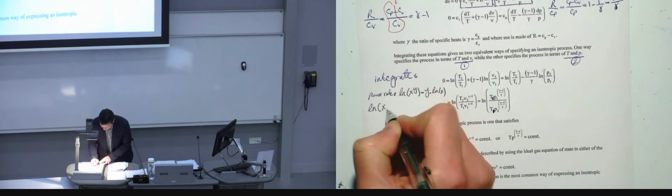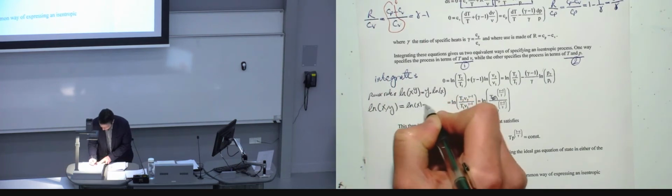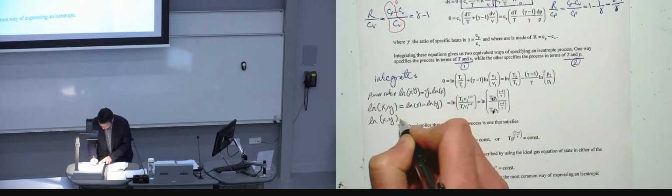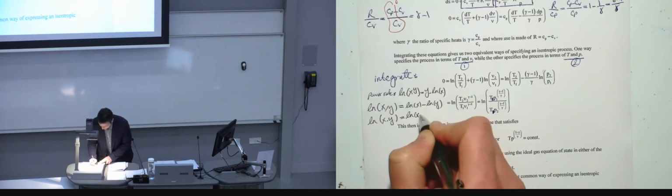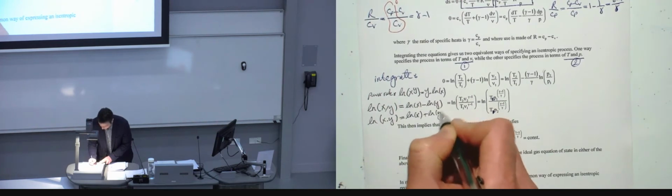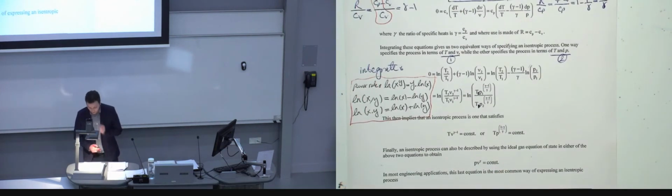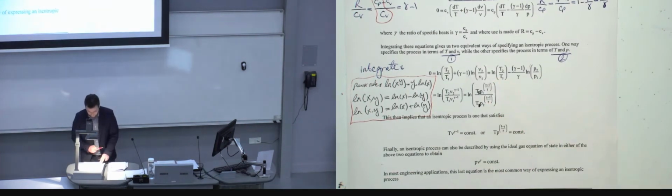Or, for example, if you've got ln x divided by y, that would be ln x minus ln y. And similarly, ln x times y is ln x plus ln y. I'm writing these three here just in case you want to find how we get from here to here.